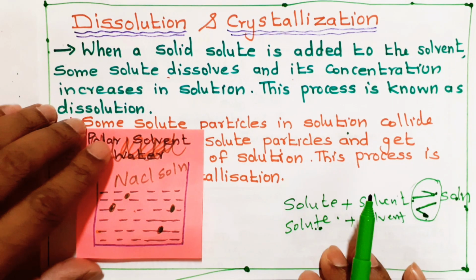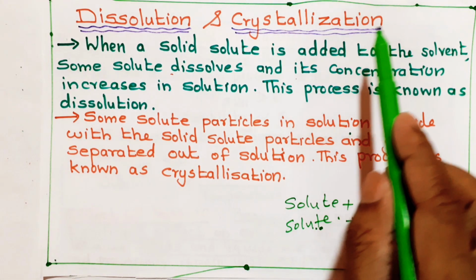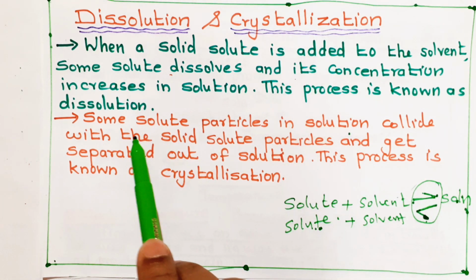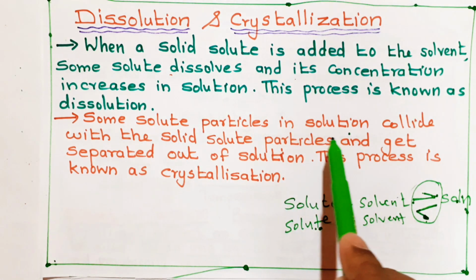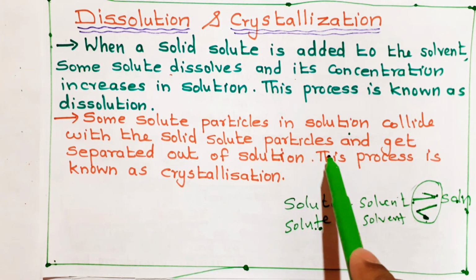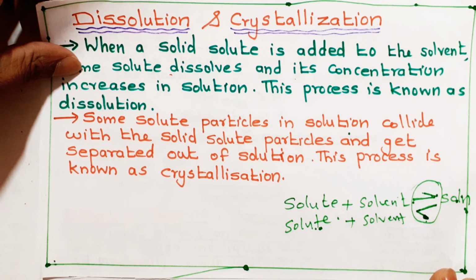Hope you understood dissolution and crystallization. Now we will see the definition of crystallization. Some solute particles in solution collide with the solid solute particles and get separated out of solution, and this process is known as crystallization.